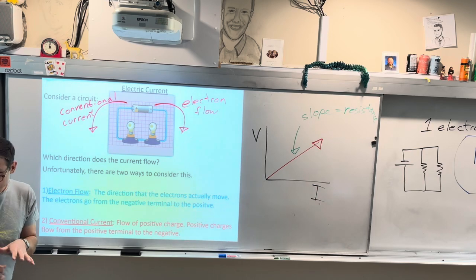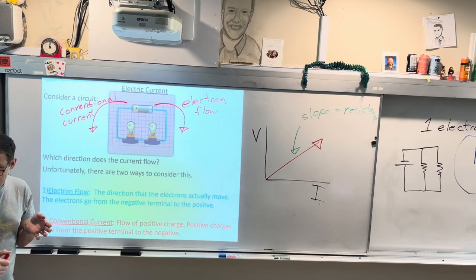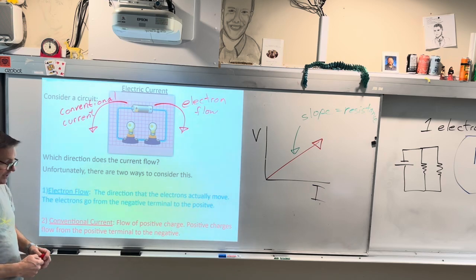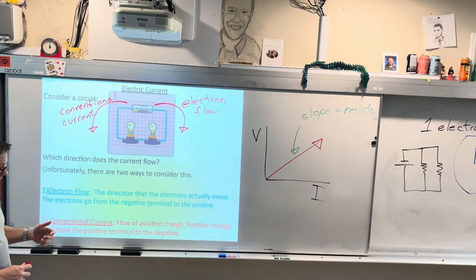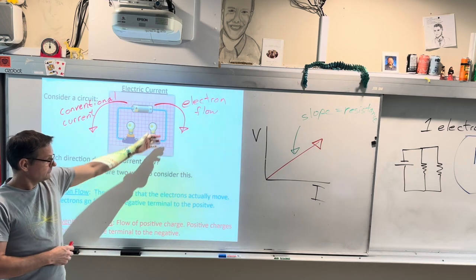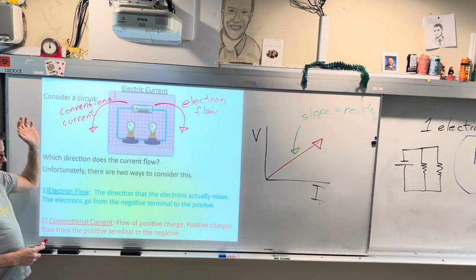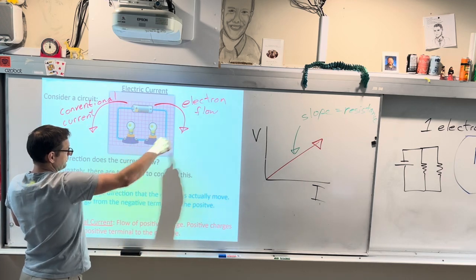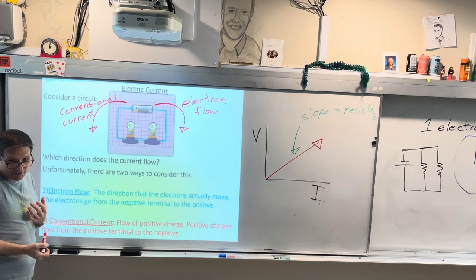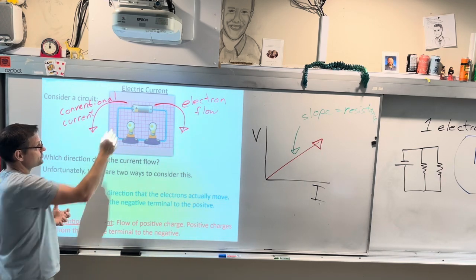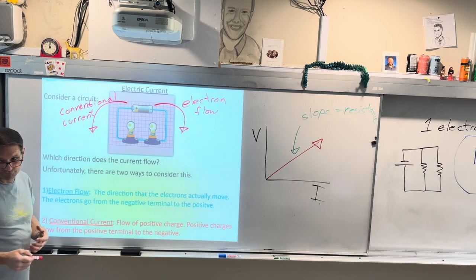There's reasons for this, which will make more sense if you take Physics 12 and you learn about electric fields. And electric fields are based on positive charge movement. So even though electrons actually go from negative to positive, we say that current goes from positive to negative.